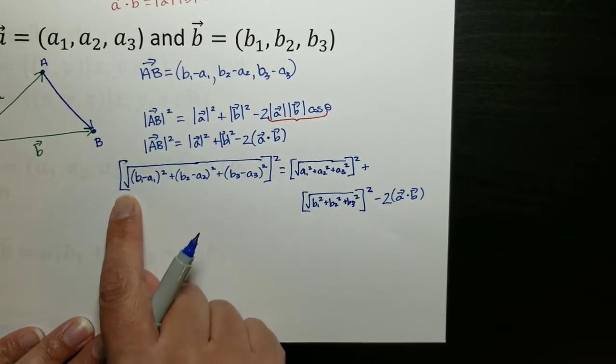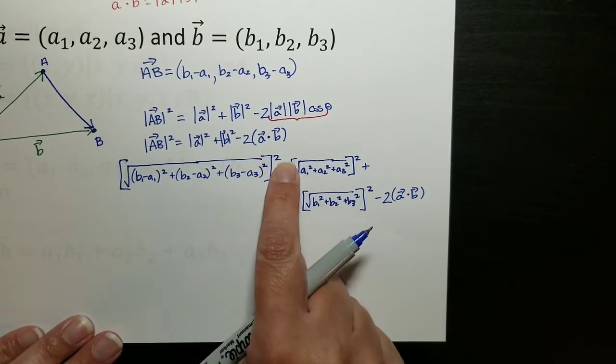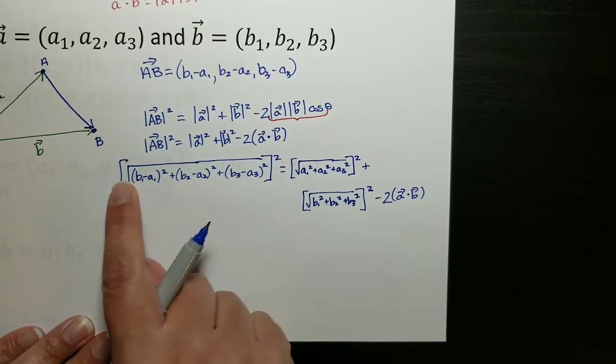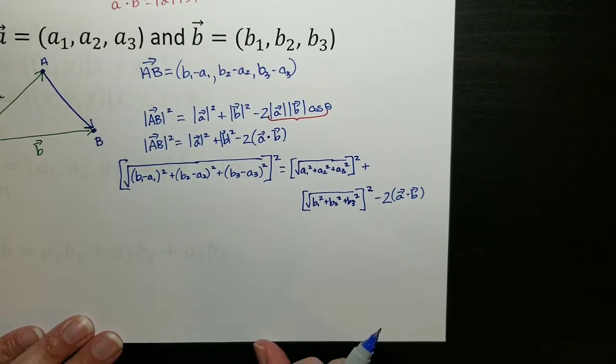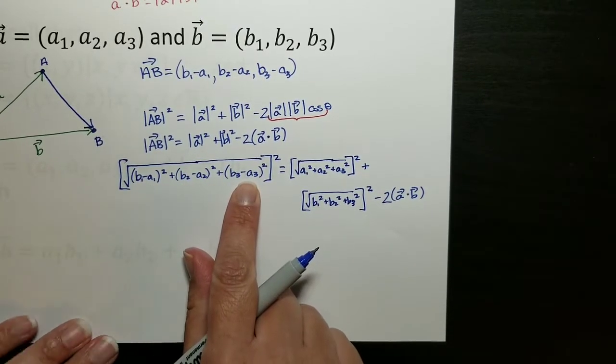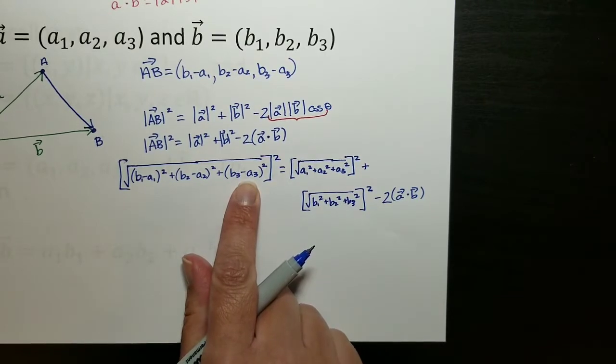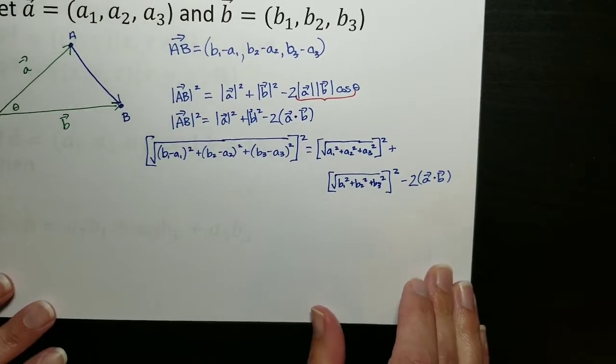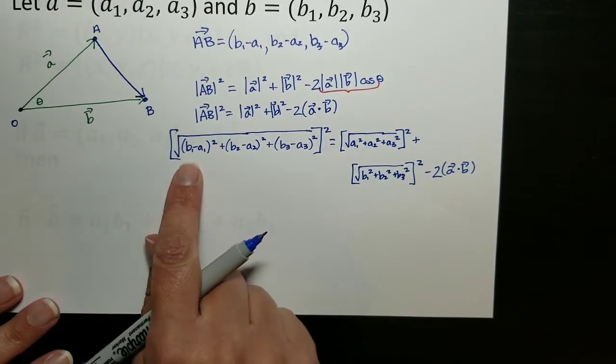So, big deep breath. We can cancel out the squared and the square roots on each of those. I am going to have to FOIL out all of those, and I am going to skip over a little bit of this work.